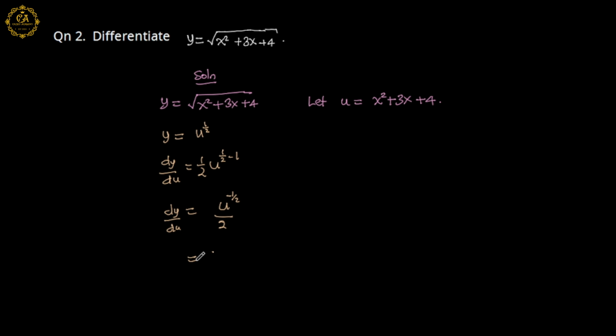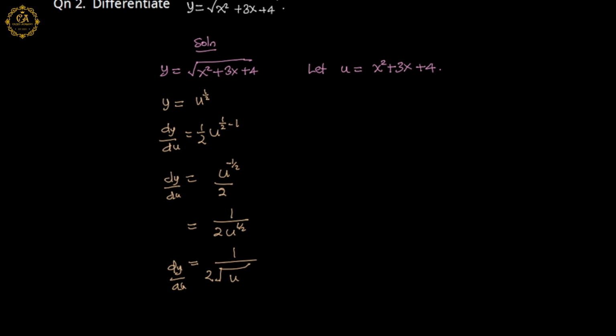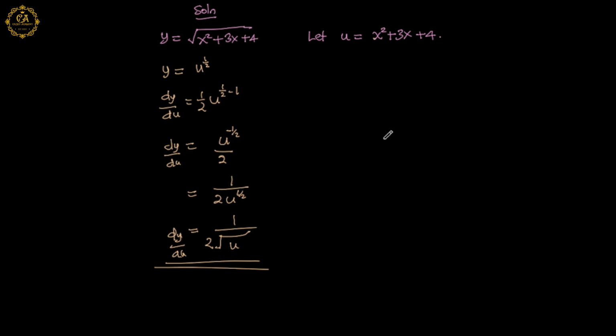We can write it as 1 over 2 u raised to the power positive a half, and we know raised to the power half is just like square root, so we have 2 square root of u, and that is the derivative of the first part, dy/du. And then we can also differentiate this side, and this one is quite simple. du/dx equals 2x plus 3.